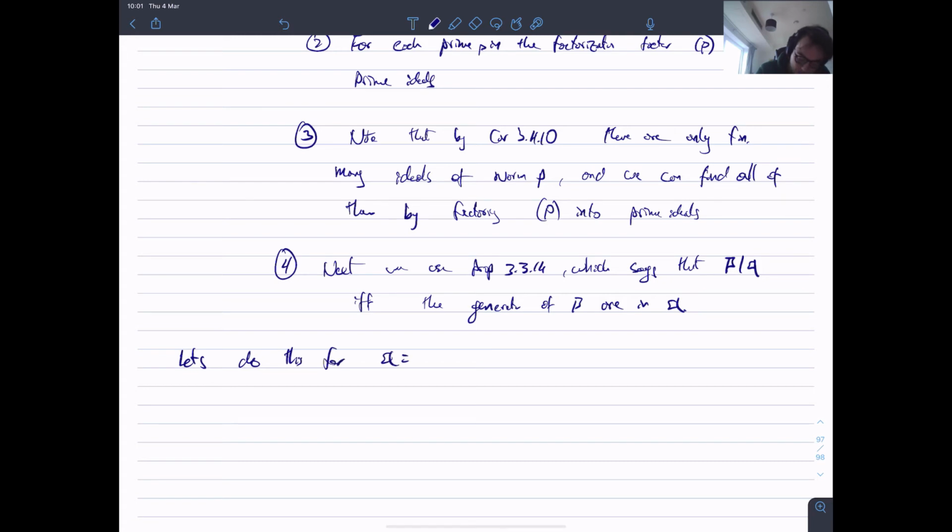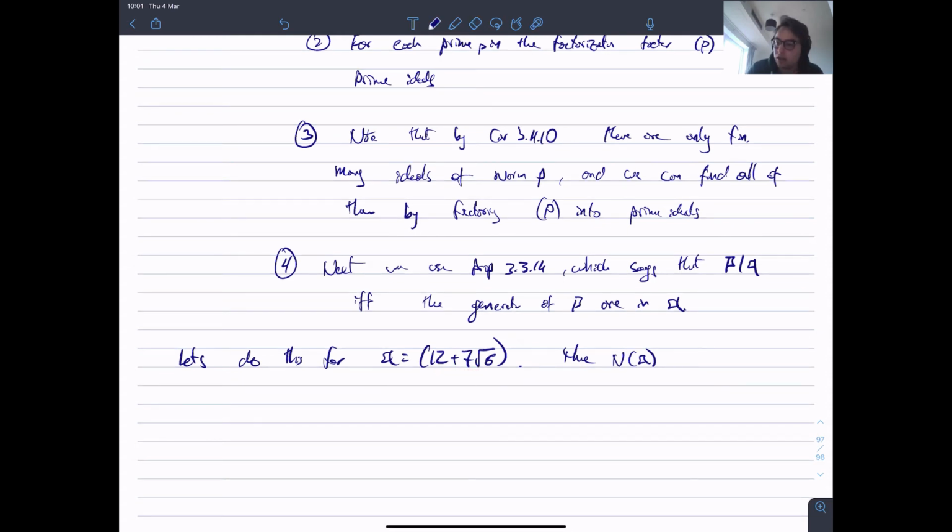Let me take my ideal A and do something simple, just a principal ideal. We know how to find its norm, because if your ideal is principal, then the norm of the ideal it generates is the absolute value of the norm of the element that generates it. So the norm of this ideal A is the absolute value of the norm from K to Q of 12 plus 7 root 6.